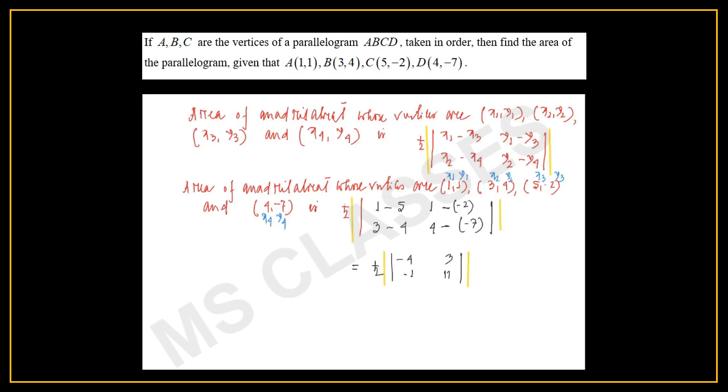For MCQ, just keep in mind that it should be under mod, and ultimately we get half of minus 44 plus 3 within the mod definitely, and this gives us 41 by 2, the numerical value of the area of the quadrilateral. So here we don't need to apply the two triangle concept. We can do the calculation very easily.